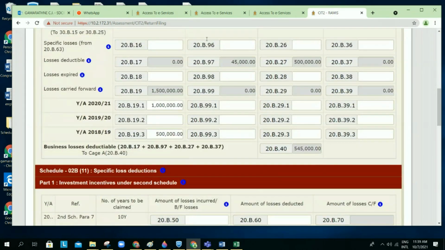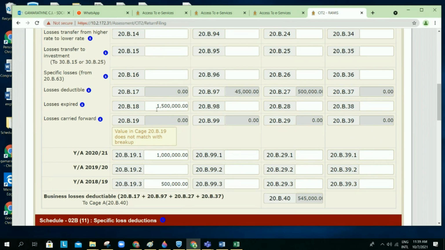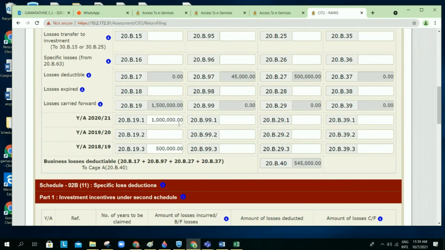Then this is the loss expired gauge. If you wish to remove the losses, if you are not hoping to carry forward the losses, then you can enter here. Then carry forward loss will be minus. If you wish, you can enter the full amount or part amount. Then this is the carry forward gauge amount.